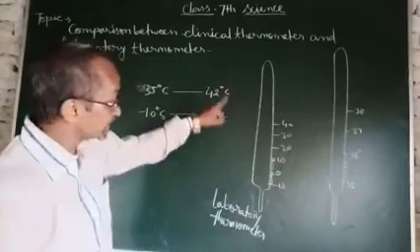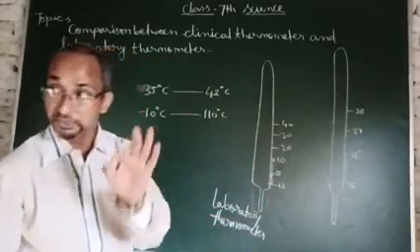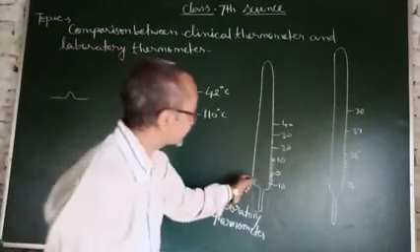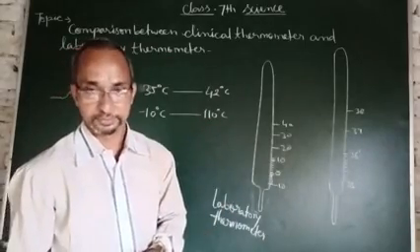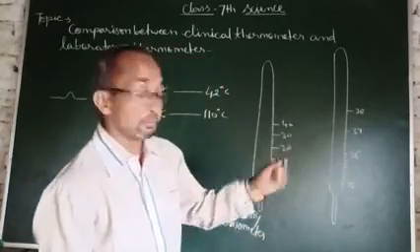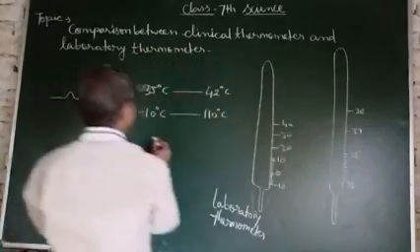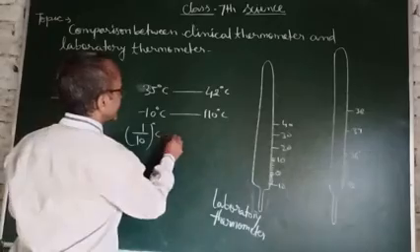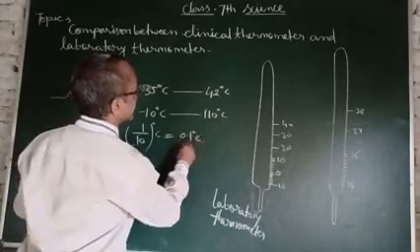Means by the laboratory thermometer we can measure accurately to 1 degree Celsius. And by the clinical thermometer we can find 1 by 10 degrees Celsius, or 0.1 degree Celsius.